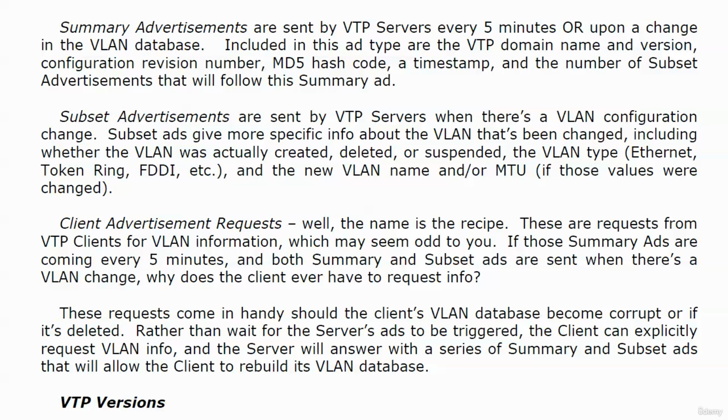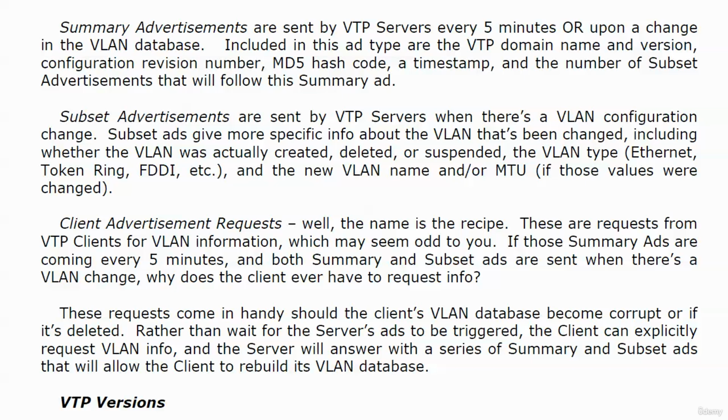The name is the recipe, but why do we need them? There are requests from VTP clients for VLAN information. But aren't they getting enough information already, from summary and subset advertisements? Well, these requests come in handy should the client's VLAN database suddenly become corrupt or if it's actually deleted.